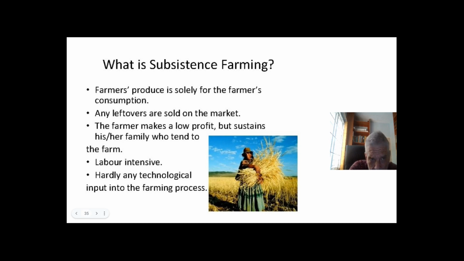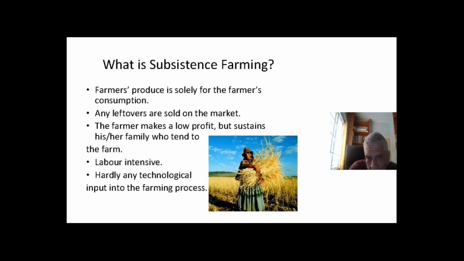So what is subsistence farming? I think I said we've done this already. Farmers produce solely for the farmer's own consumption, but leftover can be sold on the market. So the farmer makes a low profit, but it sustains his family. And that's what subsistence farming is about, simply sustaining the family. It's labor intensive.